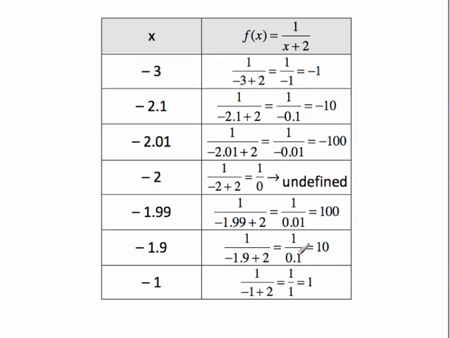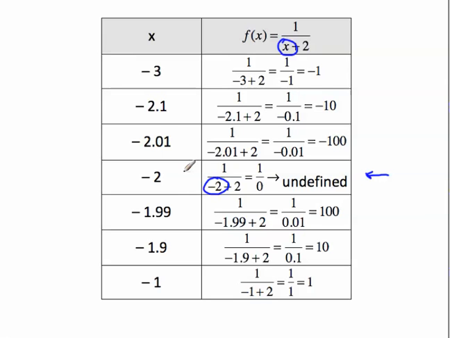And on the right-hand side, I've calculated the y values. So notice first that when x is equal to negative 2, as we said, the denominator becomes 0. We've plugged in negative 2 here for x, and we got a denominator of 0, which is undefined.